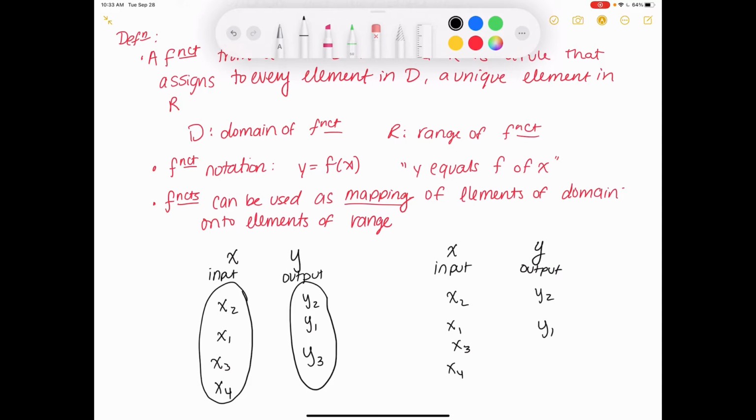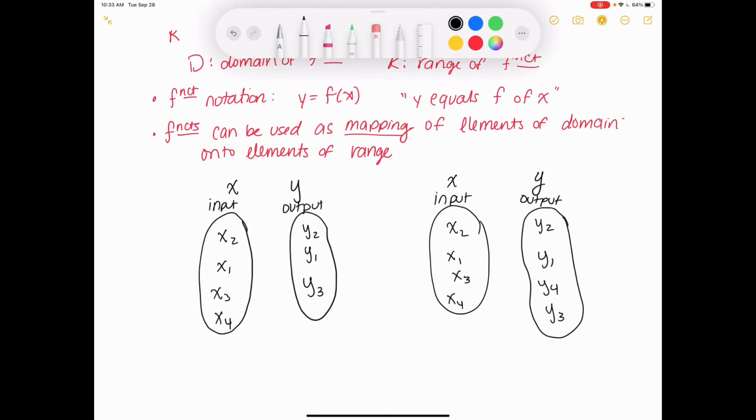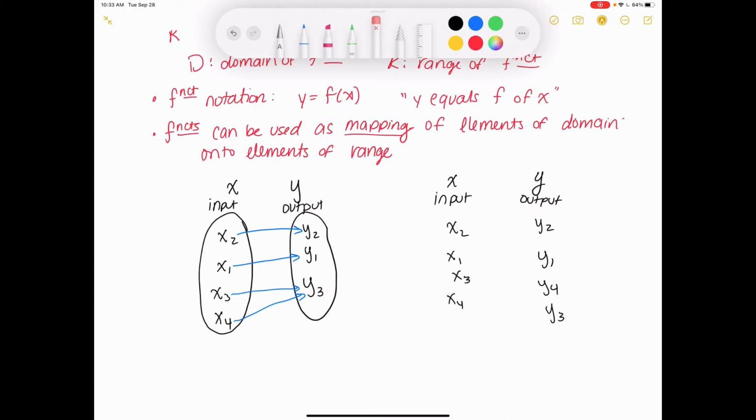Y2, Y1, Y4, Y3. All right, so if we have this scenario, it would be something like this. Okay, and on the other one, whoa, undo. Always helps to pay attention when the eraser pops up.